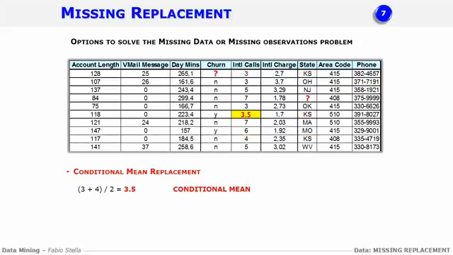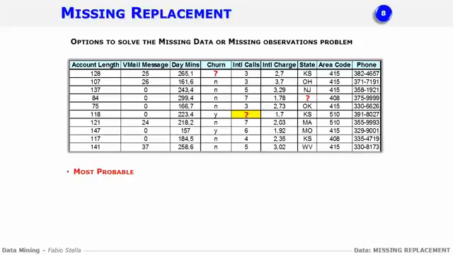In this case, the conditional mean is equal to 3.5, and so it is used to replace the missing value associated with the sixth record and in particular for the attribute int calls. A similar argument can be developed in the case where the considered attribute is a discrete one. But in this case we will talk about conditional mode replacement in place of conditional mean replacement.